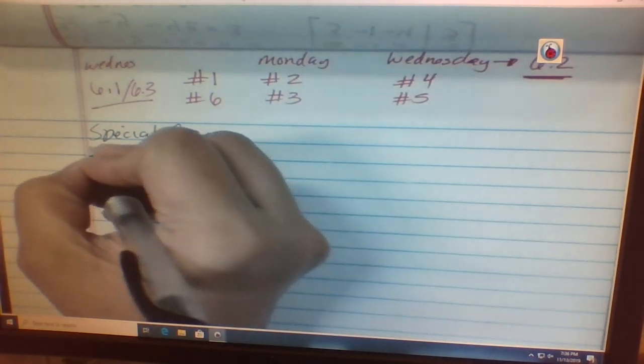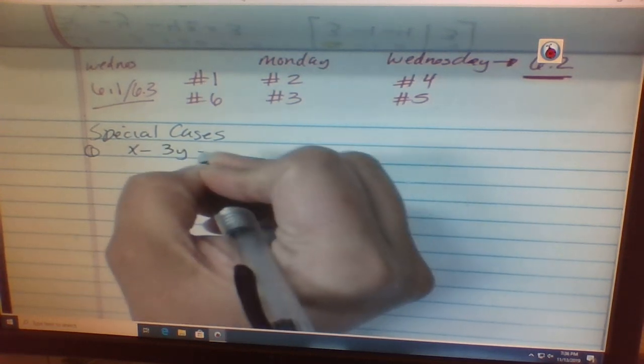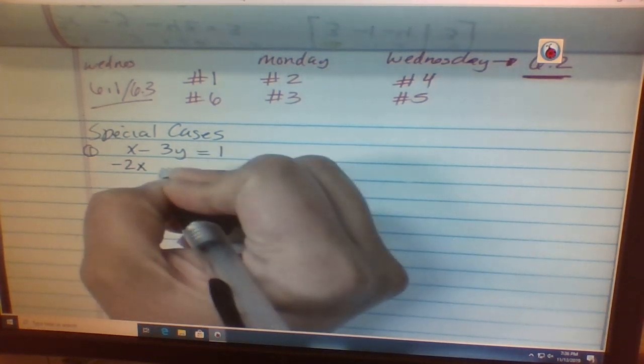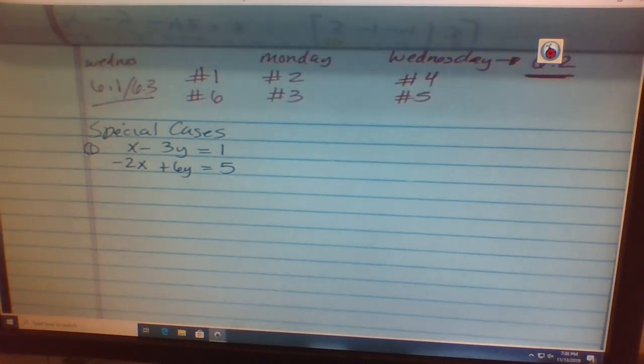So special cases. The first one is x minus 3y equals 1, negative 2x plus 6y equals 5. For this system, you have the choice to solve by substitution or elimination. I told you last week I am very biased and I prefer elimination.